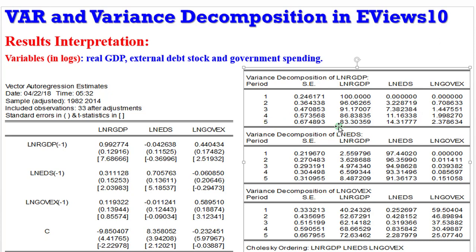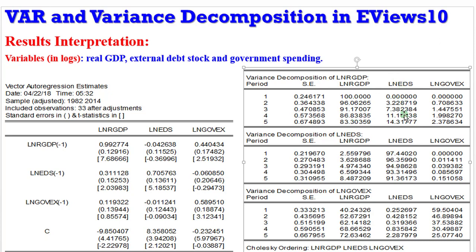Now let's look at the long run for real GDP. In the long run, 83.3% of forecast error variance of that variable is explained by real GDP itself. So real GDP is showing strong influence right from the short-run period into the future.